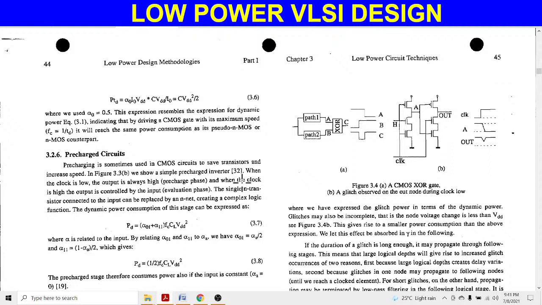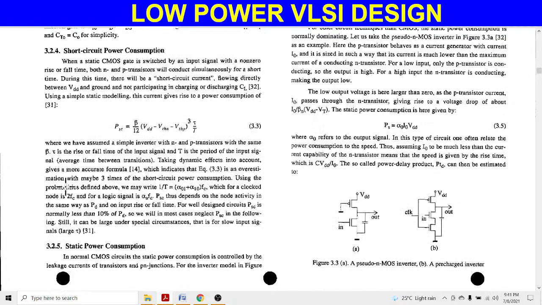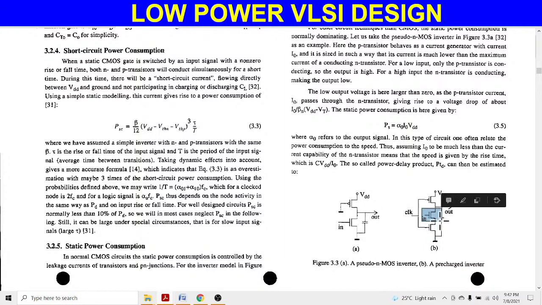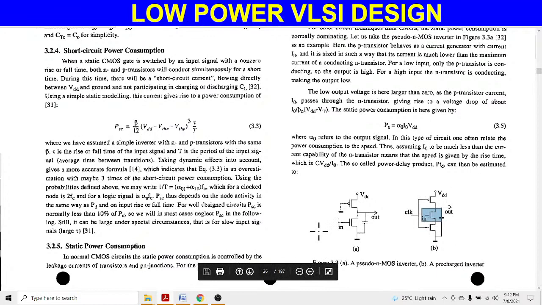But when the input is high, PMOS acts as an off circuit and NMOS acts as an on circuit. At that time the NMOS below acts as a short circuit path, so the overall circuit depends on this NMOS transistor.